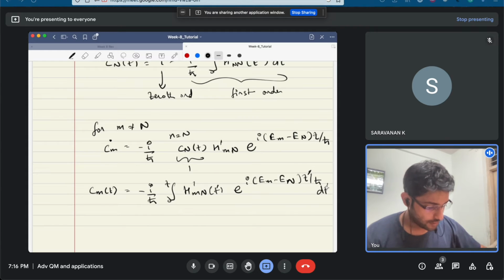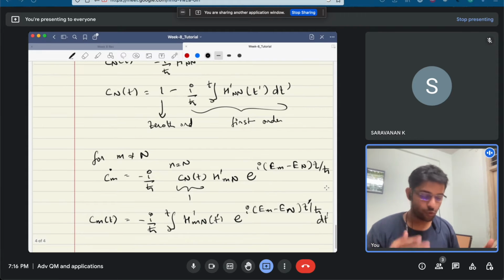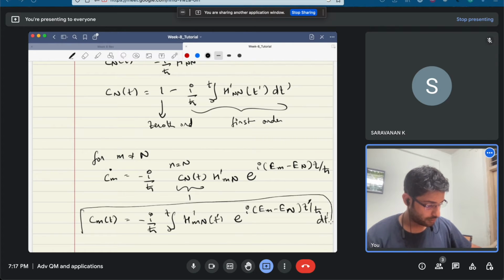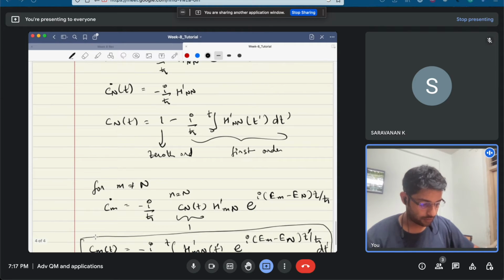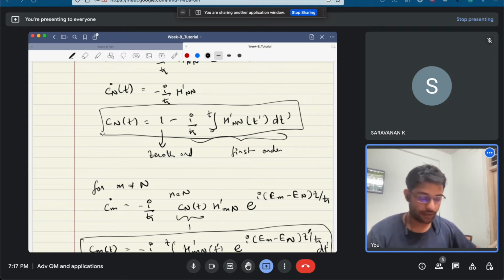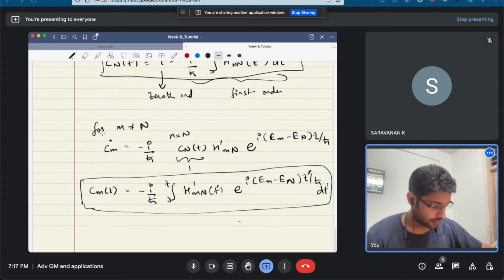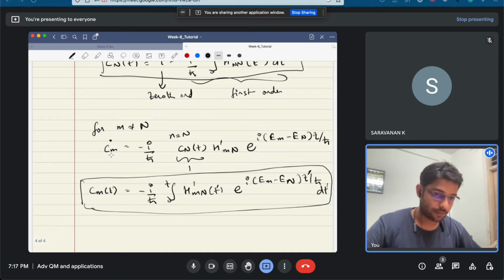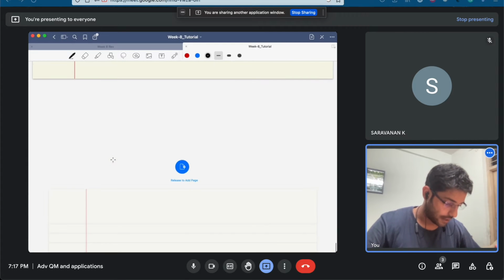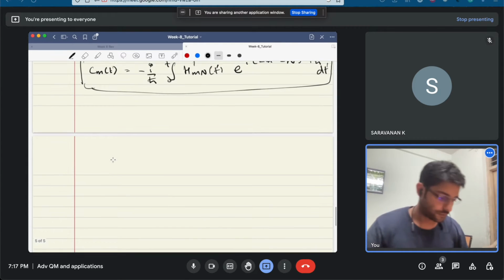So these are the two coefficients that we get. For m not equal to n, we have this expression, and for n we have this expression, right? Now once we have this, let us consider some examples where we can implement this and find out the transition probabilities for some cases.